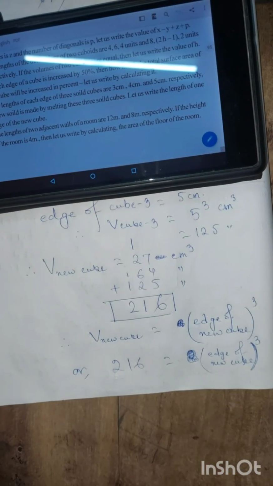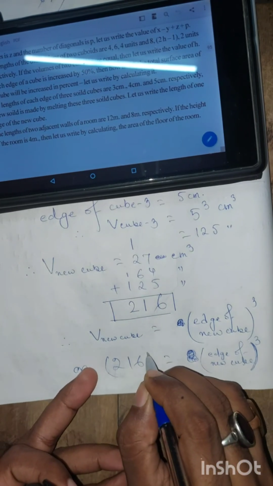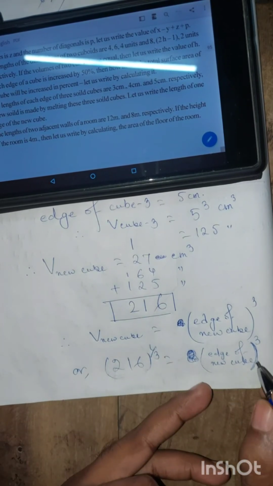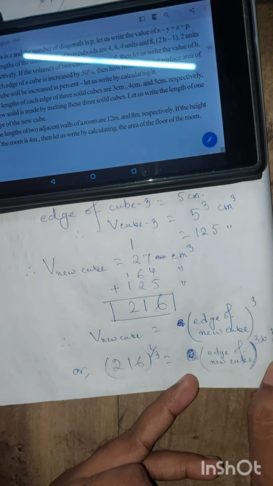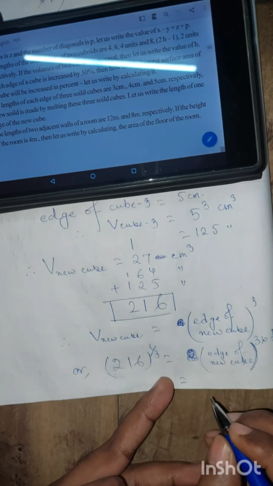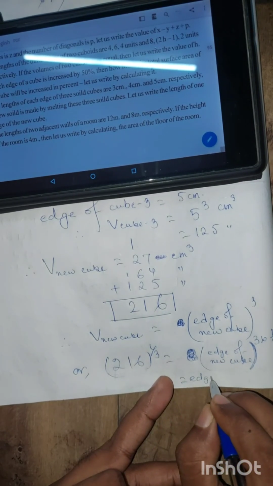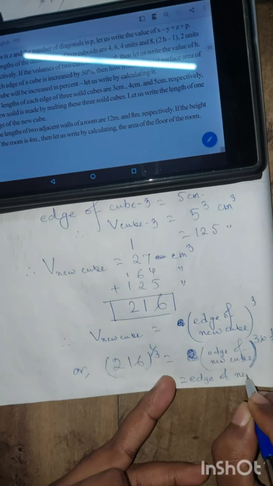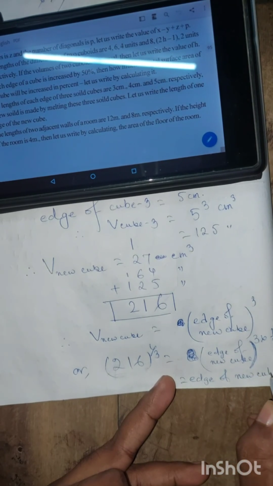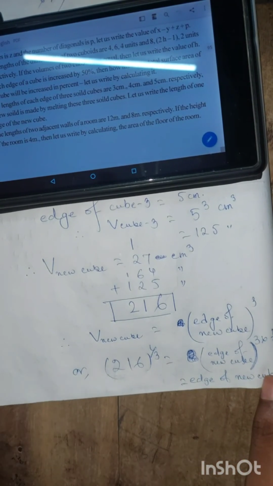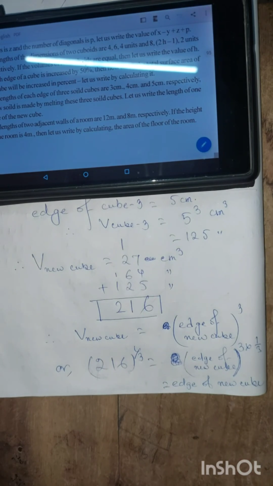Now if we cube root both sides, we are getting 216 to the power 1/3 and this to the power 1/3. So it becomes edge of new cube is equal to 216 to the power 1/3.